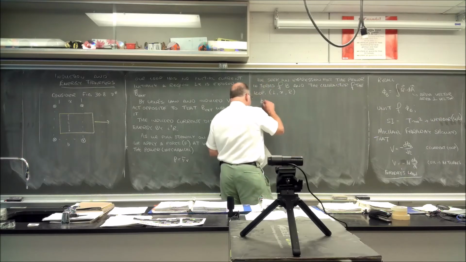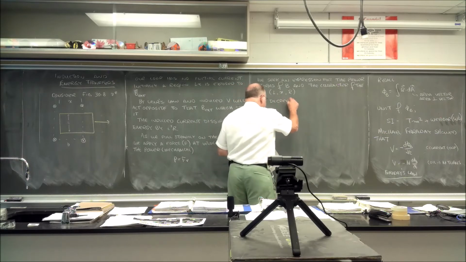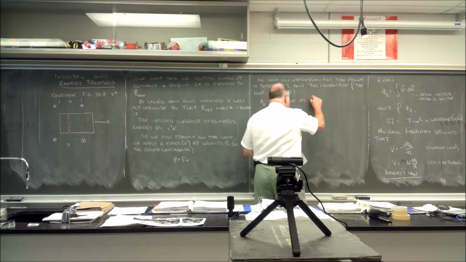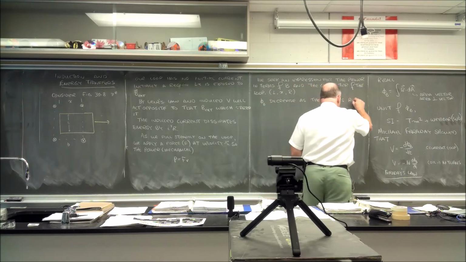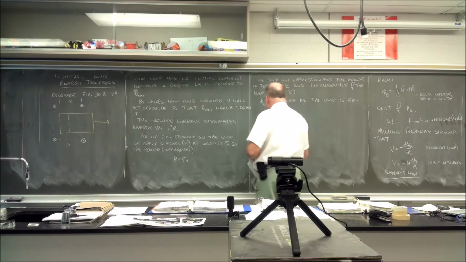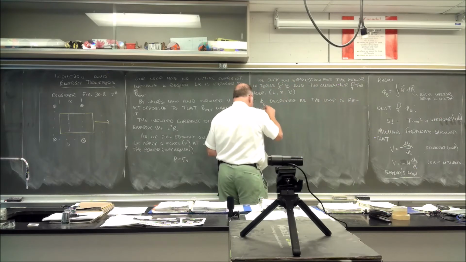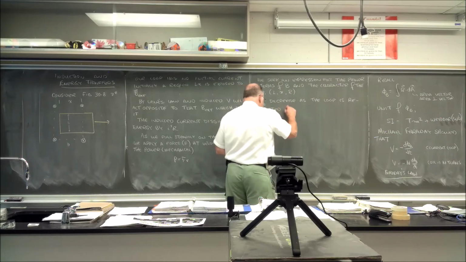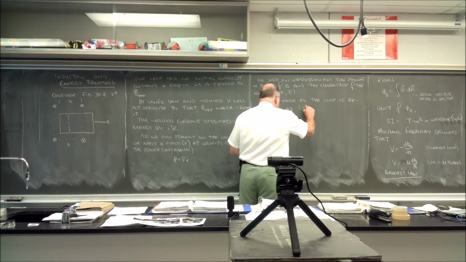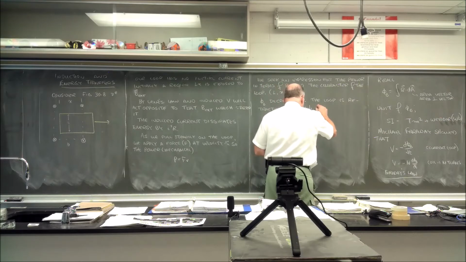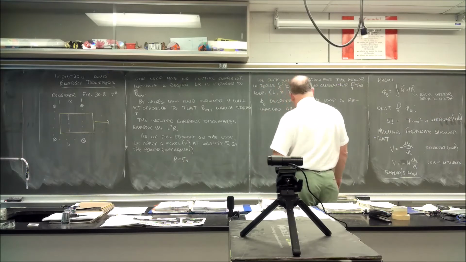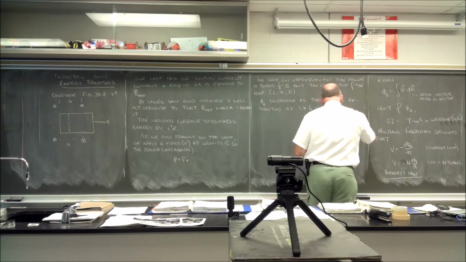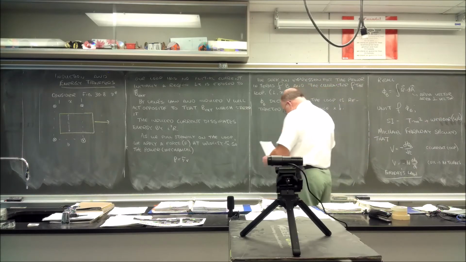So the V sub B decreases as the loop is retracted. As Lx is going down, since X is going down, okay? And fair enough.